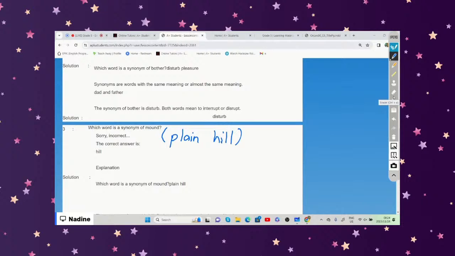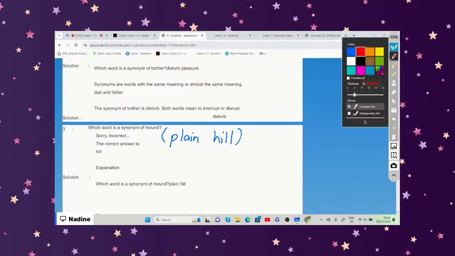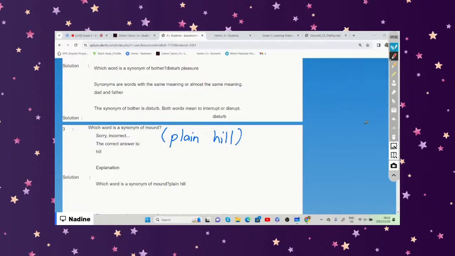So if it's like a heap of something, or a mound of something, or a pile of something, right? Then we can basically say it is similar to a hill of something. So it's similar to a hill because a heap is high, right?